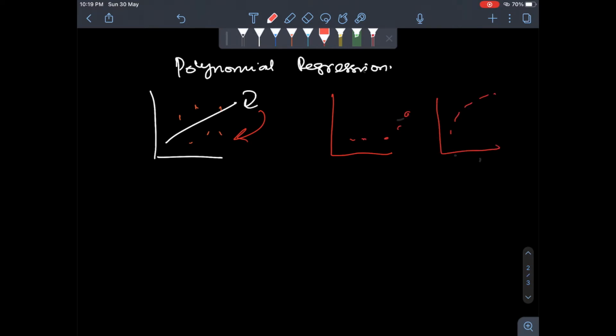So how do we draw the line at this time when we have this type of data? Suppose we try to train a simple linear regression model, and we come up with this line. Since it's not the best fit, this model is not a good fit.